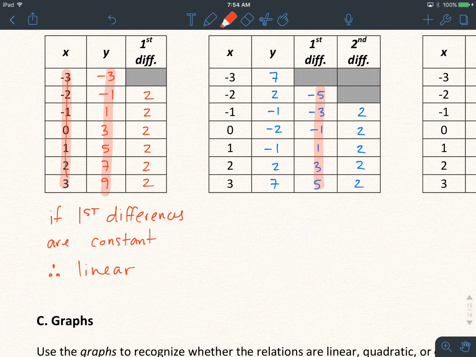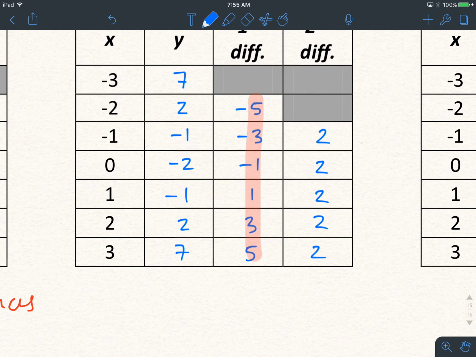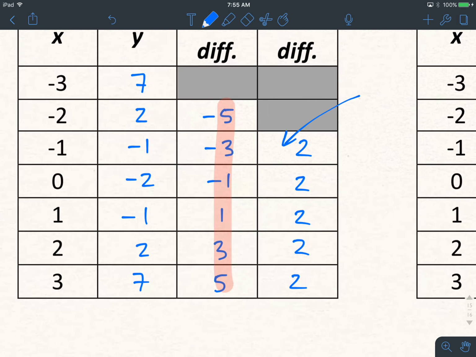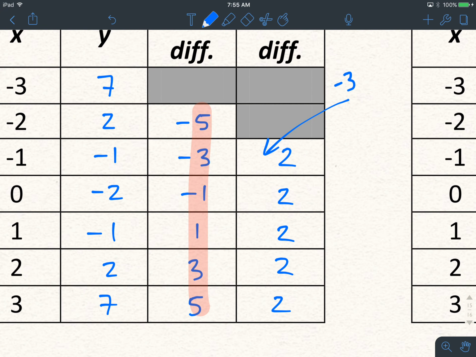They're not constant. So here we go to second differences, and I want you to remember that second differences are same as first differences, except you're basing it on first differences as opposed to the original y values. So -3 minus -5 is -3 plus 5, which is 2. And that works its way all through the table when you do that math.